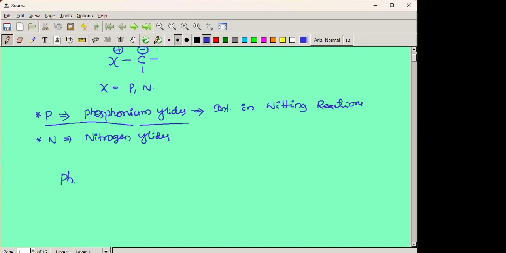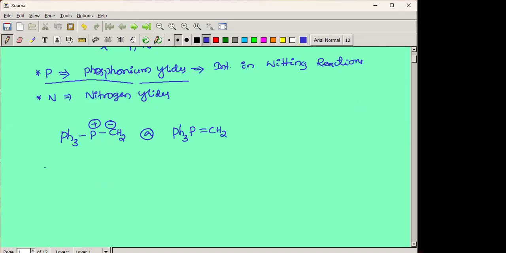It is represented like this, or we can also represent triphenyl phosphonium ylides like this. This is the structure of the ylides used in the Wittig reaction.